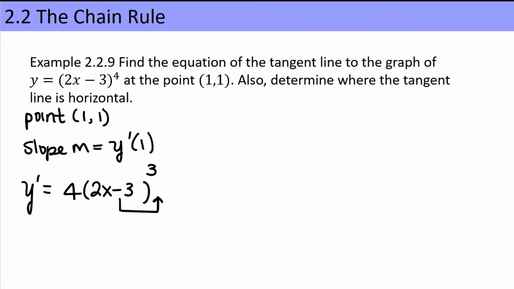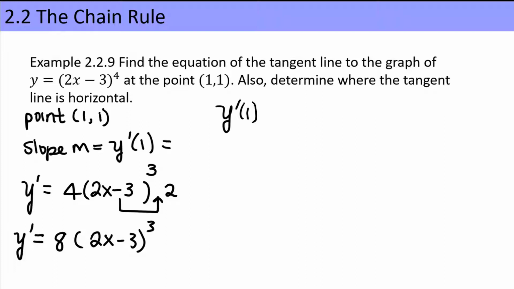So the derivative of 2x minus 3 is 2. We can simplify this to 4 times 2 is 8. And then we still have 2x minus 3 to the power of 3. We need to compute the derivative at 1. So let's evaluate.